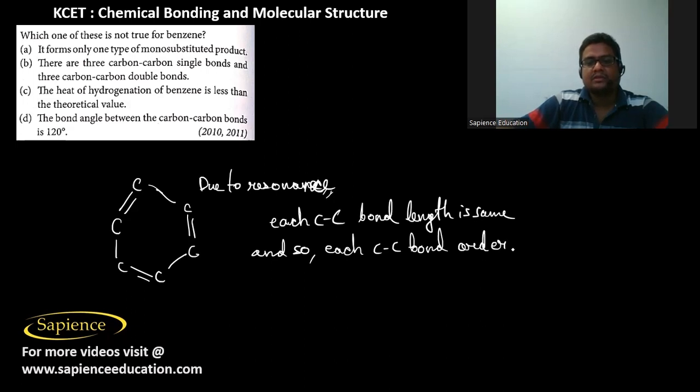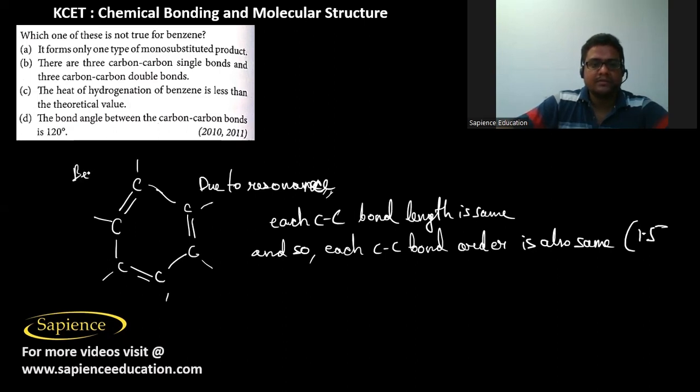Each carbon-carbon bond order is also the same, and it will be equal to 1.5. This is one of the canonical structures of the resonance in benzene. So the actual resonance hybrid structure of benzene will be like this.